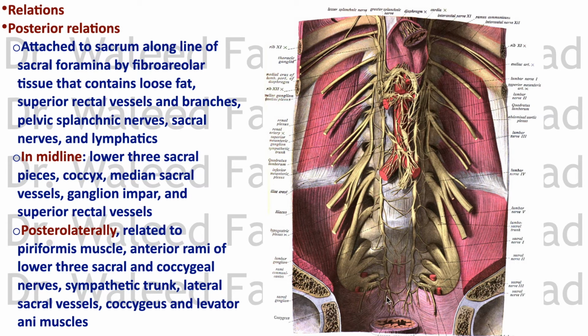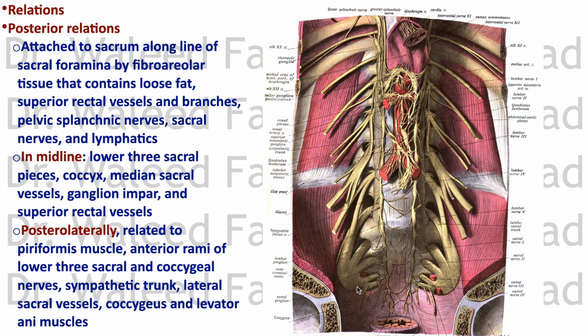See that? This is the ganglion impar, posterior and in the midline, and the superior rectal vessels before they divide into two lateral branches, because the superior rectal vessels descend behind the rectum and divide into two lateral branches that will enclose the rectum. So it's a posterior relation in the midline.